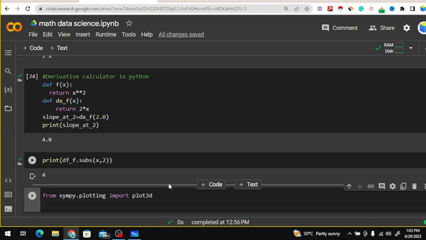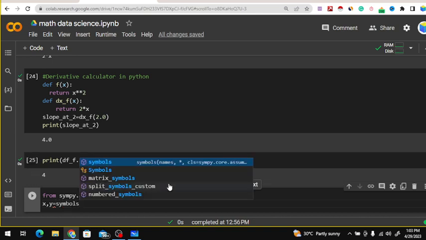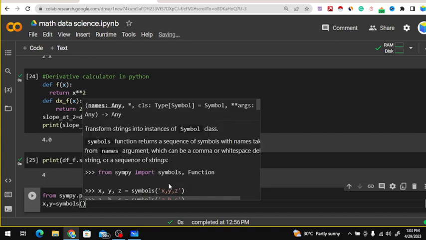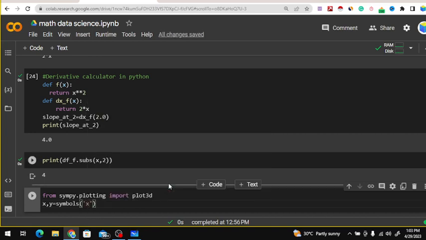Let's declare the variables with symbols x comma y. We are assuming both are variables.